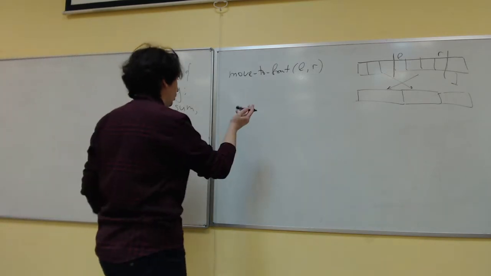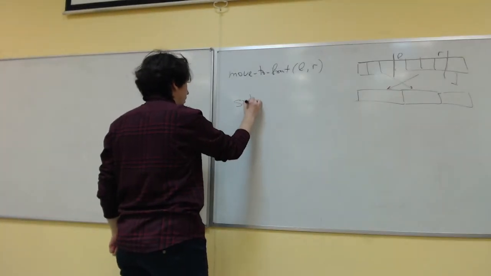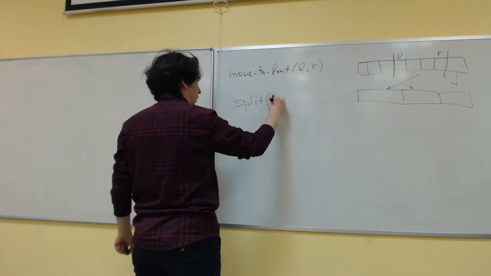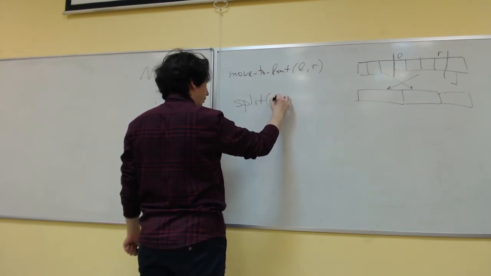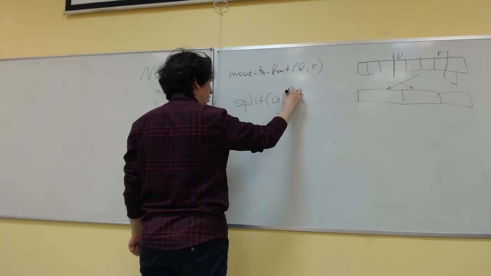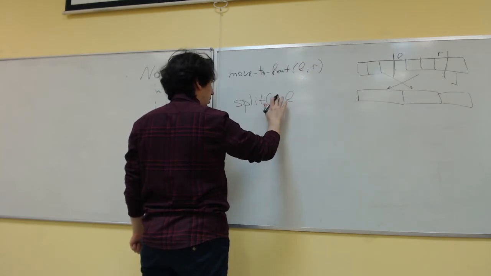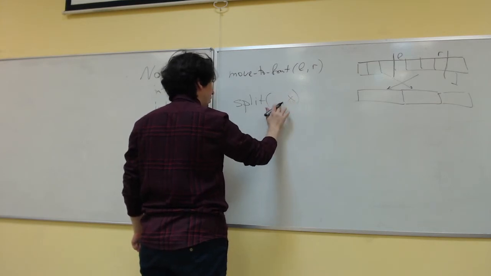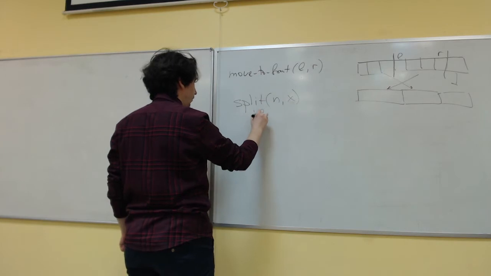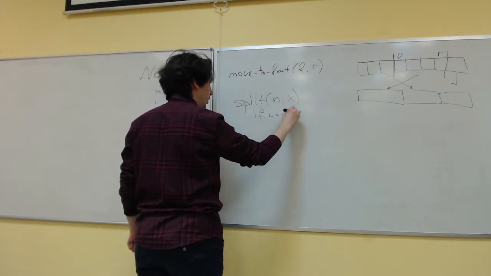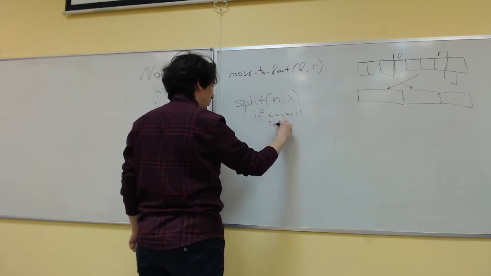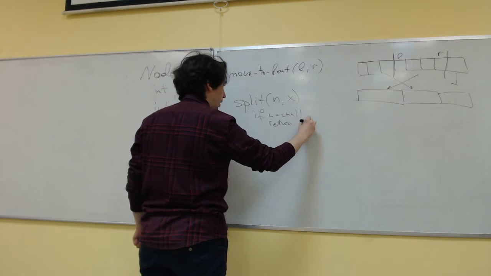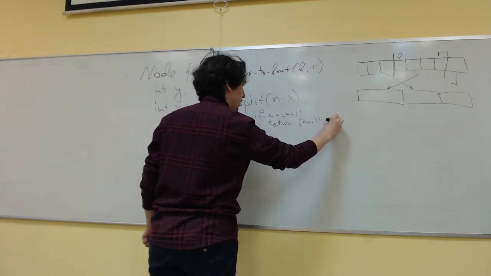So we will do the following. Split A by X. We split node N by value X. If N is equal to null, then return pair null, null. We already did this.